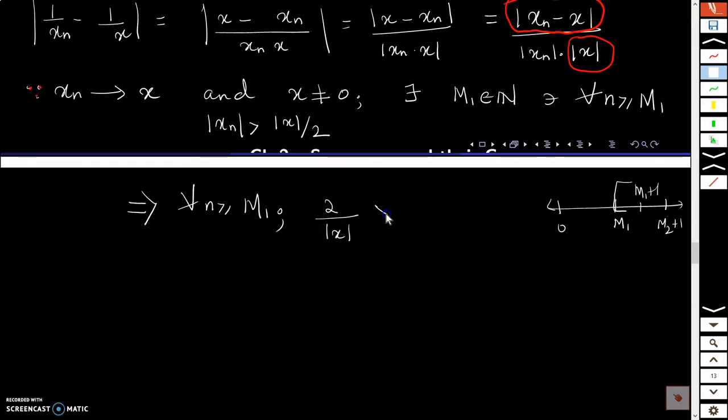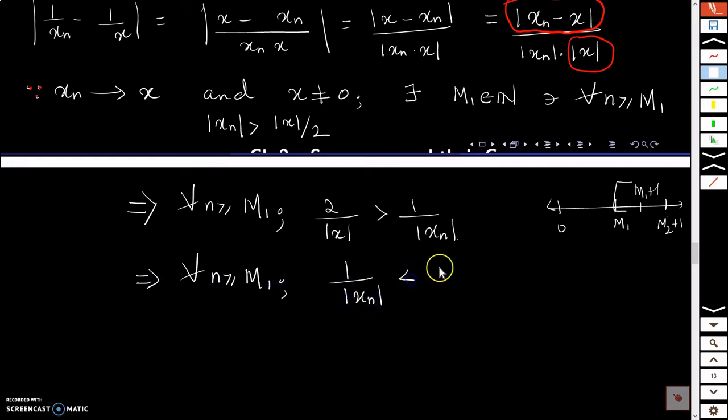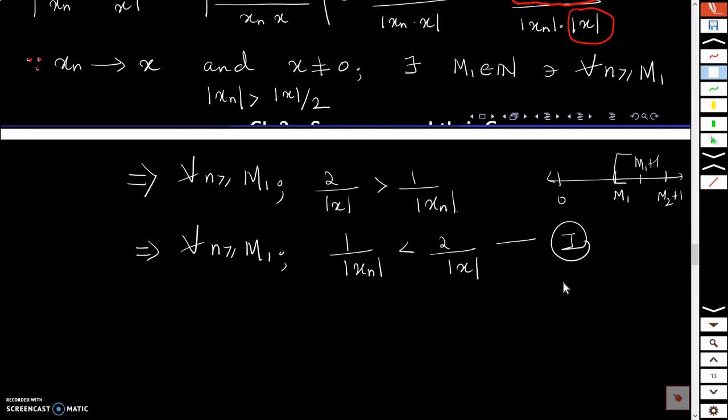So that will be greater than 1 by mod xn, right? That means after this number m1, 1 by mod xn will be less than 2 by mod x. So I can write it in the reverse way. 1 by mod xn is less than 2 by mod x, right? So let me call this Roman number 1. I'll be using this.